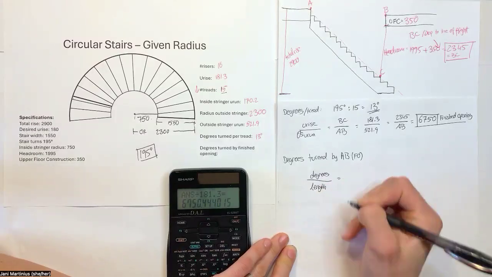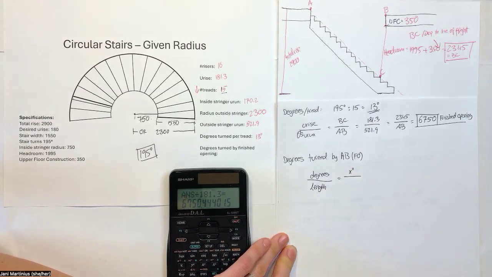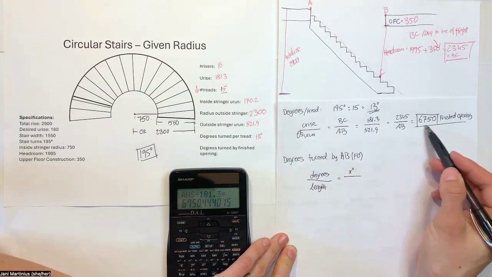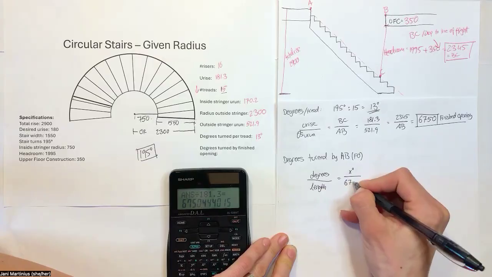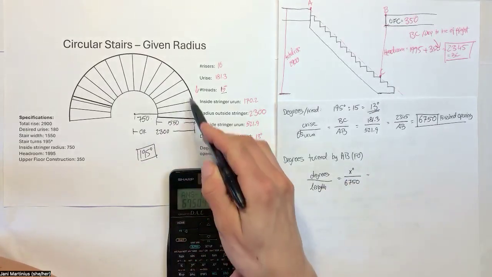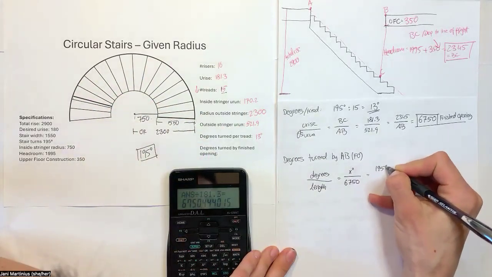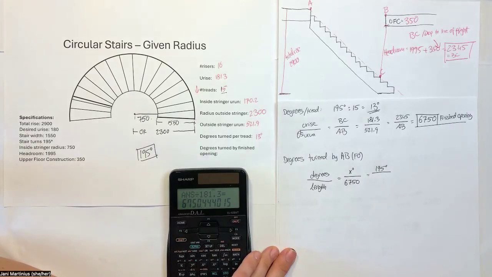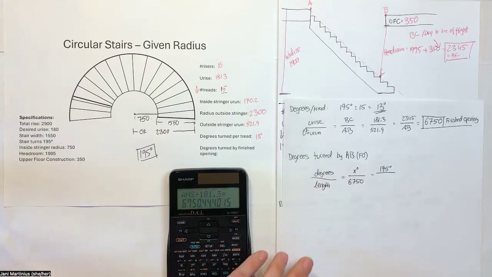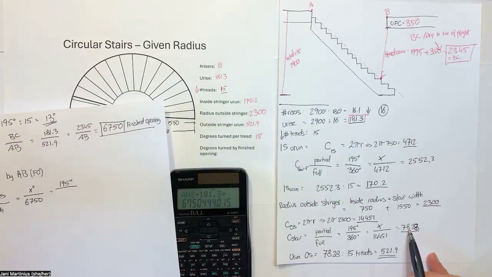Those are the things that we're trying to compare. So the degrees of our opening, and that will be the length of our opening, right, that we just figured out. And it's going to equal, well, the degrees of our whole stair, so the 195, over the length of the circumference of our stair on the outside. So that's the number we found here.